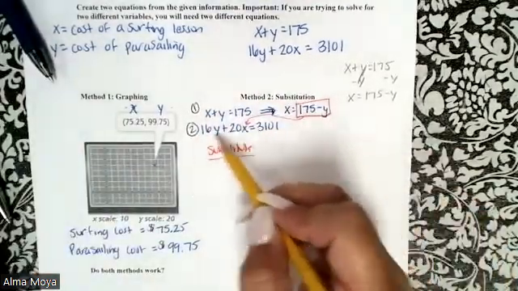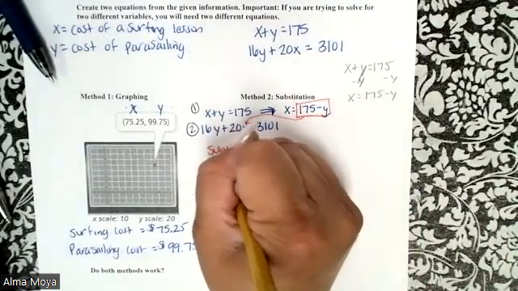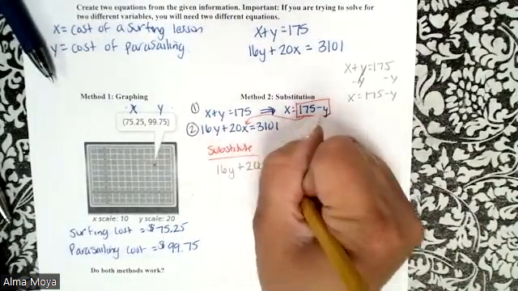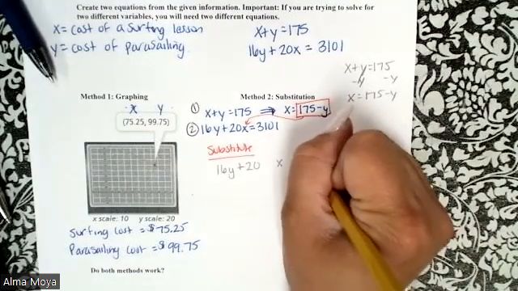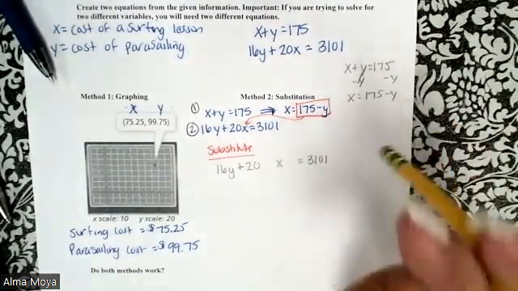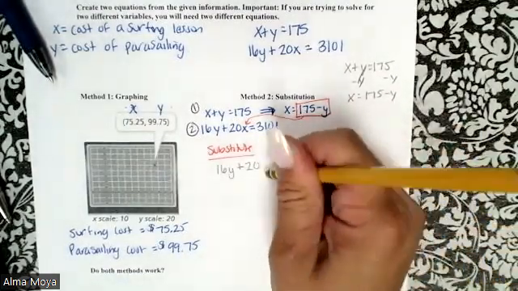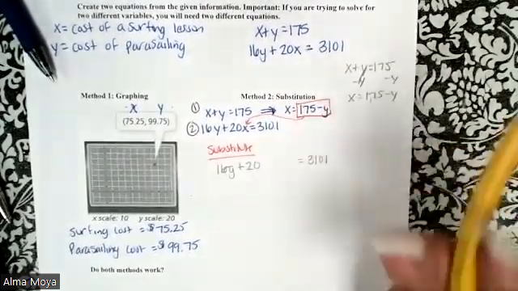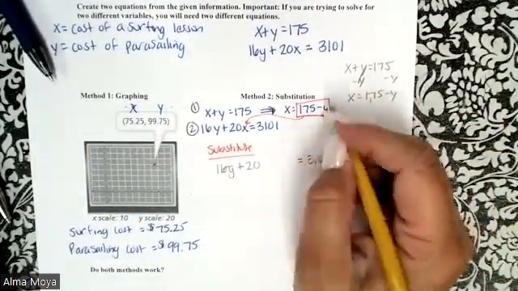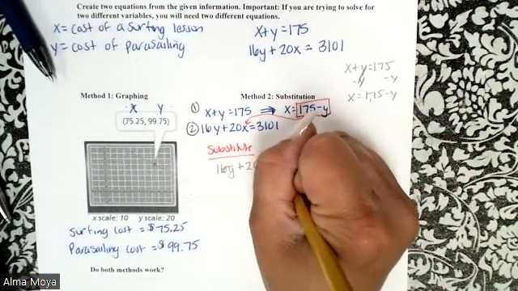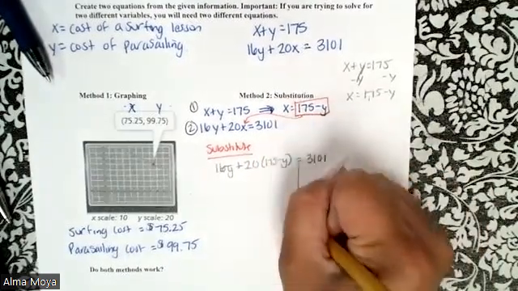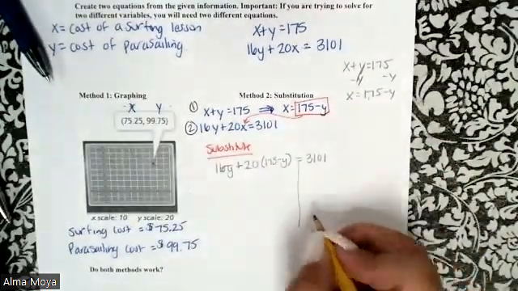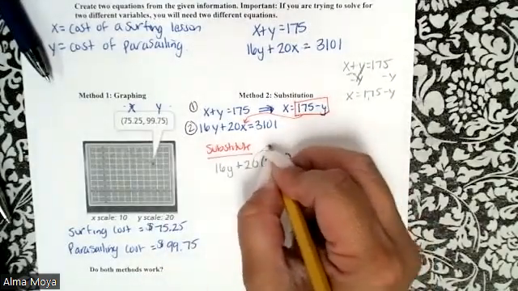So I'm going to substitute into the second equation. The second equation says 16Y plus 20X equals 3,101. I'm going to erase the X because that's what I'm substituting, and I'm plugging in 175 minus Y. I'm going to distribute the 20.